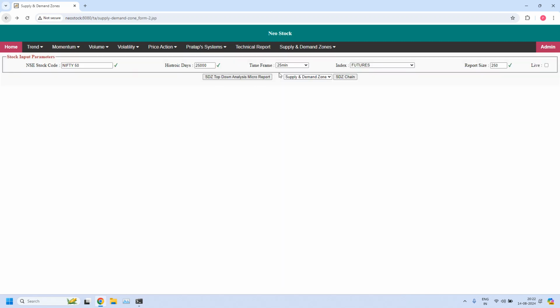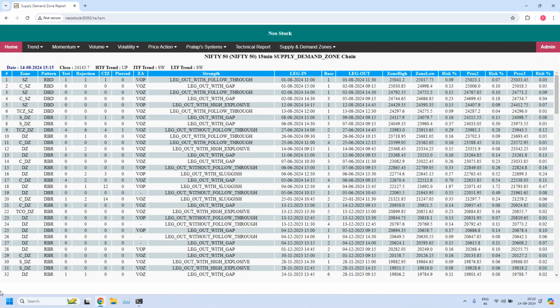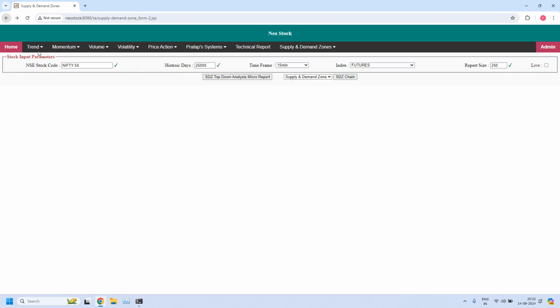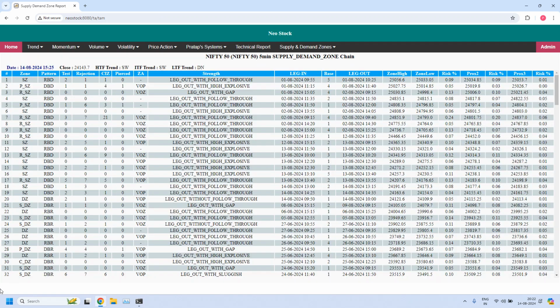And the next time frame is 15 minutes. Now I am generating 15 minutes supply demand zone chain for Nifty. And the next time frame is 5 minutes. I am generating 5 minutes supply demand zone chain for Nifty.